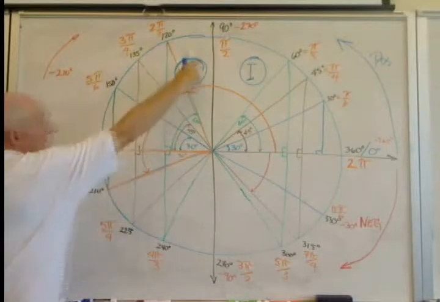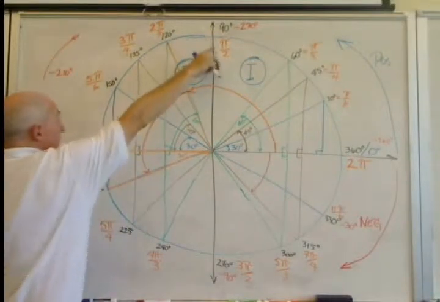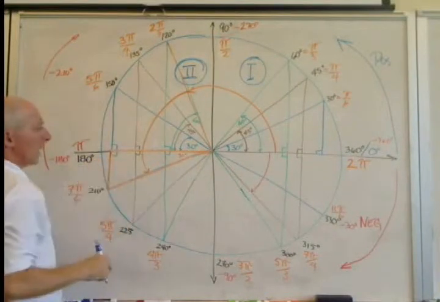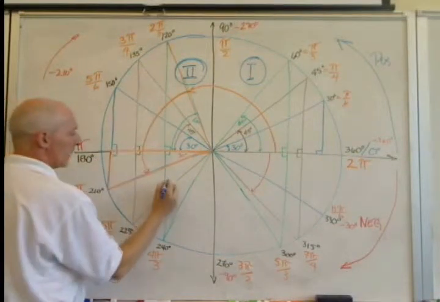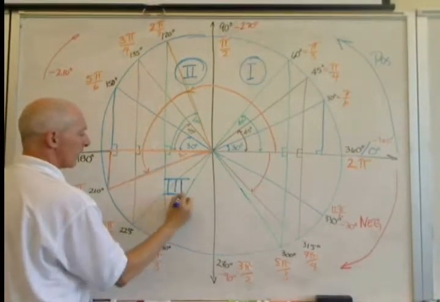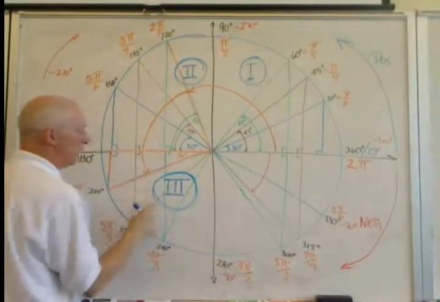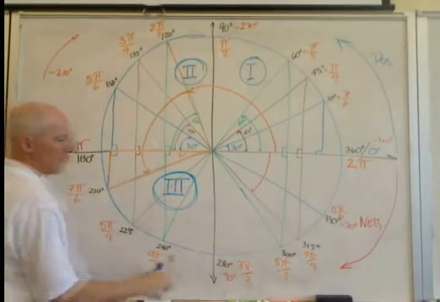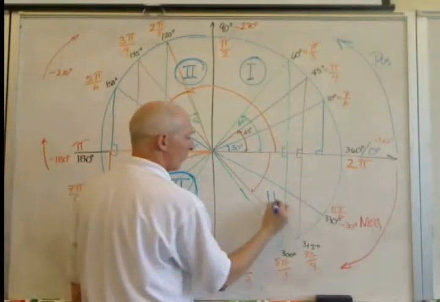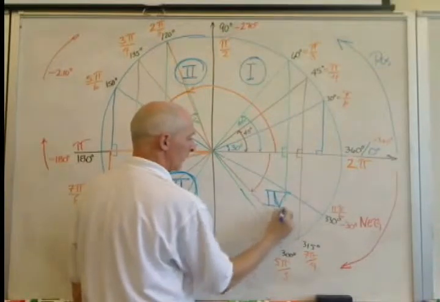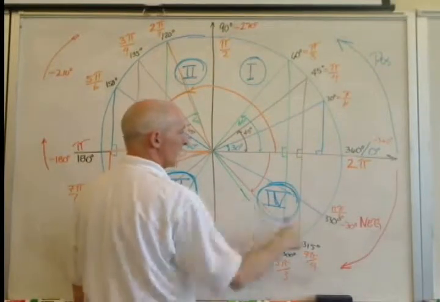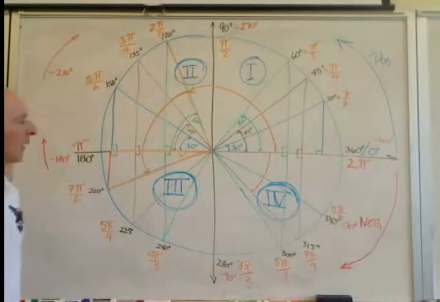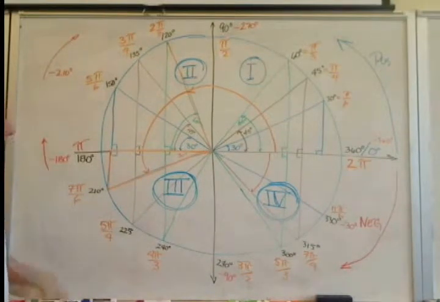This from 90 degrees, or arguably 90.1, down to 180 degrees. This is quadrant 3, right here, from 180 to 270, and this is quadrant 4, from 270 to 360.